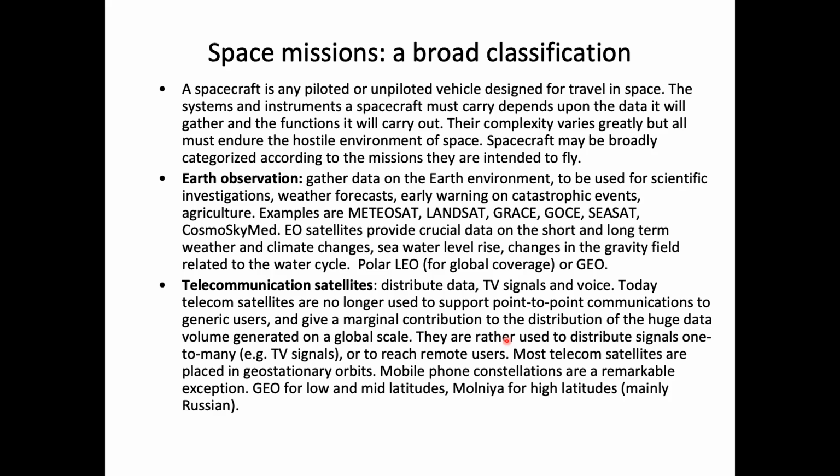And there were two consortia, Globalstar and Iridium, who put in orbit a fairly large number of satellites, two constellations of satellites in LEO orbit. Iridium gave a global coverage for even the polar regions.